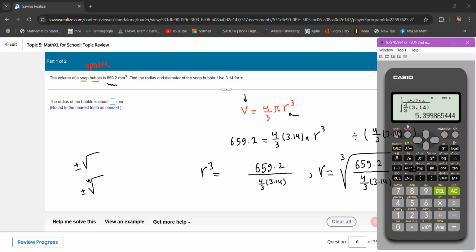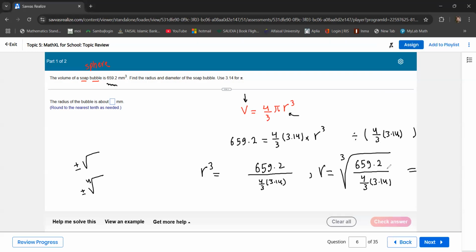They say round to the nearest tenth, so this will be 5.4. Now the diameter equals 2 radii, meaning 2 times the radius, 2 times 5.4. This will be 10.8 millimeters.